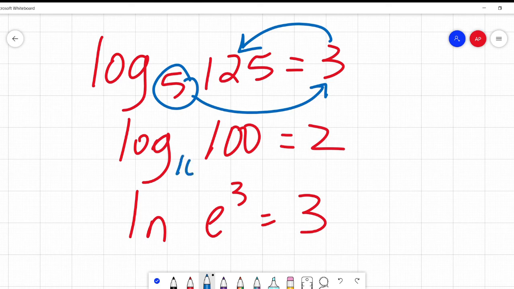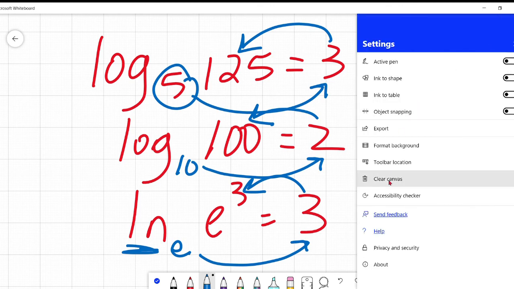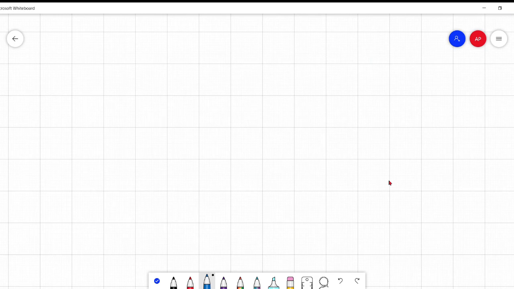If there's no base written, it's understood to be 10. 10 to the power of 2 is 100. If it's ln, the base is e, a constant that shows up a lot in math. E to what power equals e cubed? 3. So that's our very quick little rundown of logs if you need to remember that.